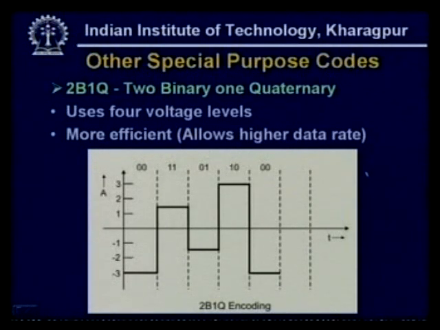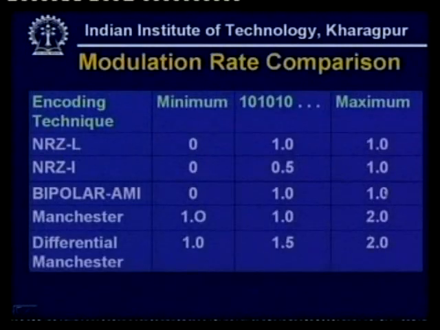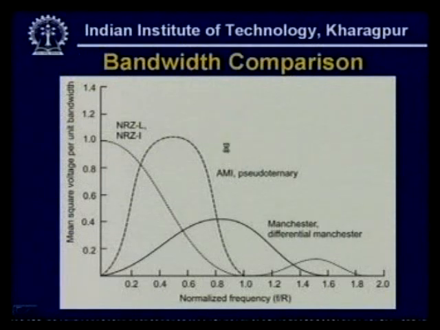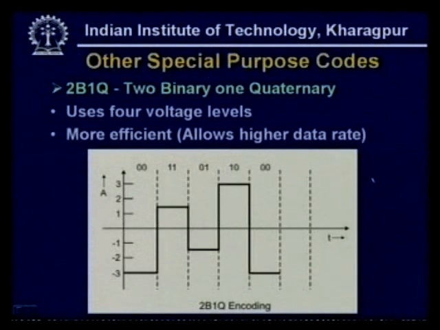If we look at the previous diagram, R will be equal to D into log 2 L. So, here R is equal to D into log 2 L, and L here is 4.